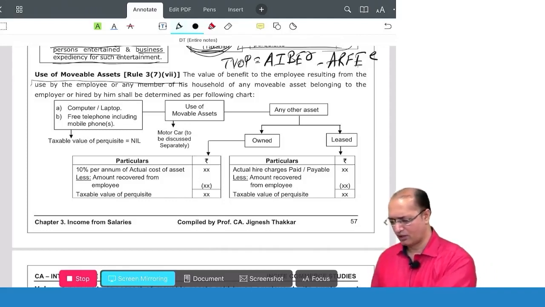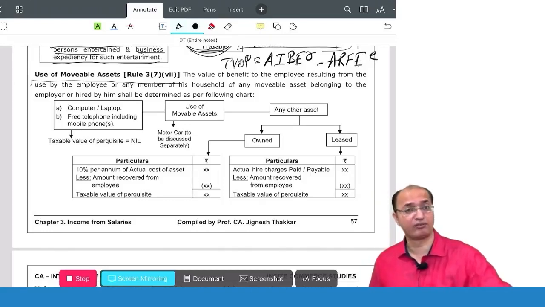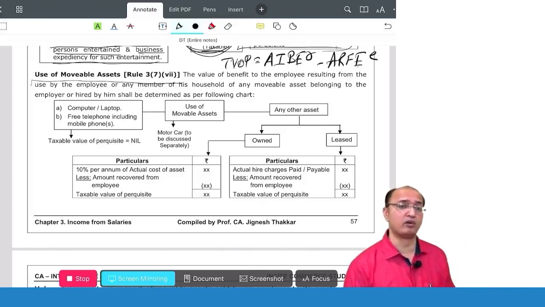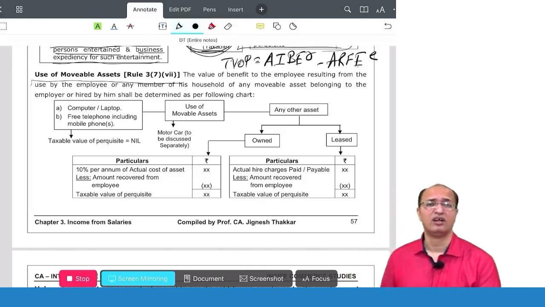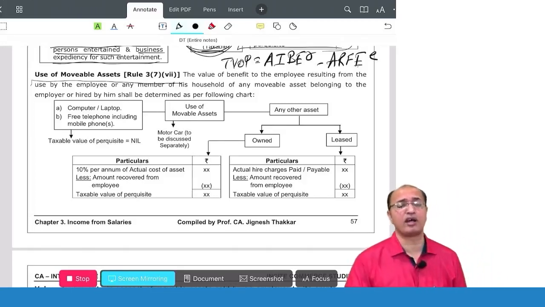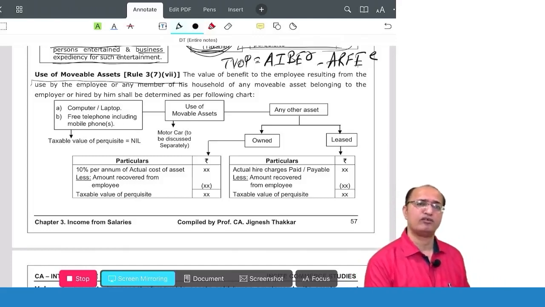Number 2, employer has given furniture. Employer has given laptop. Employer has given mobile phone. Employer has given tab. Any movable asset. Employer has given video camera. So there can be n number of assets which employer can give to employee for using it. He can just use.